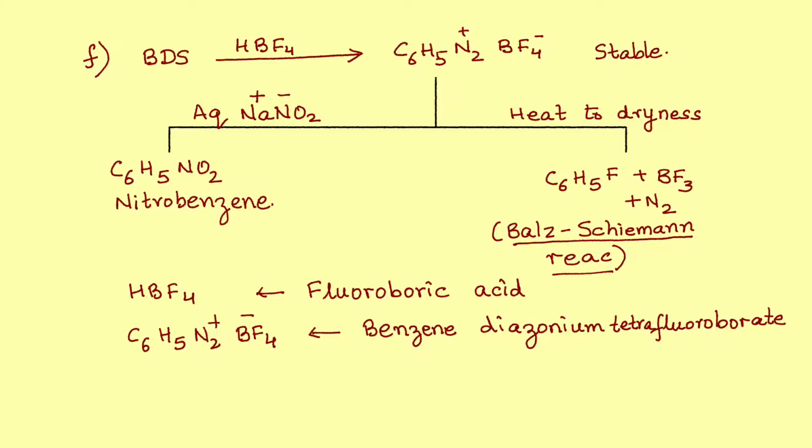Now, you have written so many reactions with me. Try writing the reactions for both these reactions. So, reaction 1, benzene diazonium chloride, 2, benzene diazonium fluoroborate. Second reaction, fluoroborate reacted with NaNO2. Third reaction, fluoroborate heated to dryness to give you fluorobenzene.